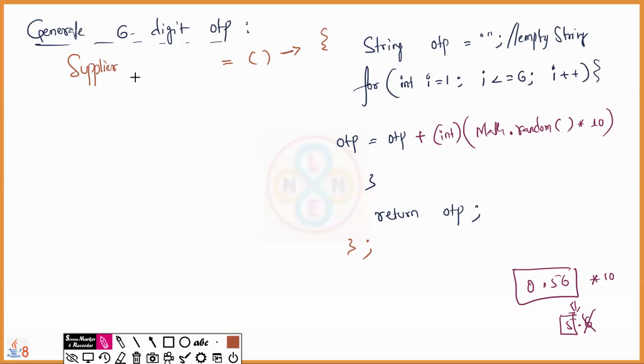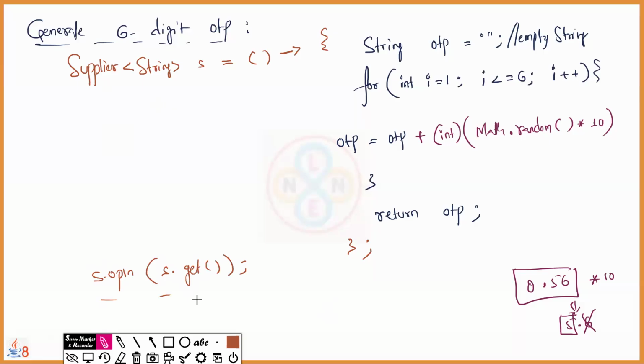Supplier will take what? The generic return type you have to mention. What's the return type? OTP in string format. Then we can use a supplier. Then how to use it or how to get it? System.out.println to print. Supplier can be used with the get method.